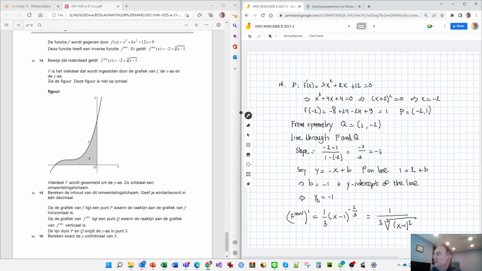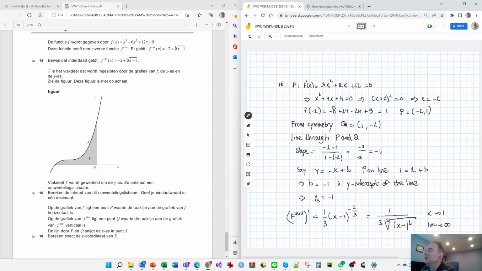Well, yes, so if x here approaches 1, then the derivative of this inverse will go to infinity, becomes arbitrarily large, so that's vertical.